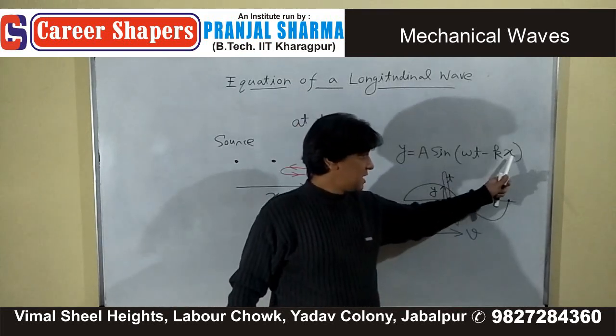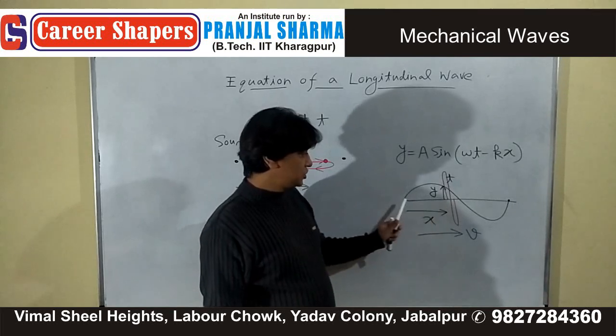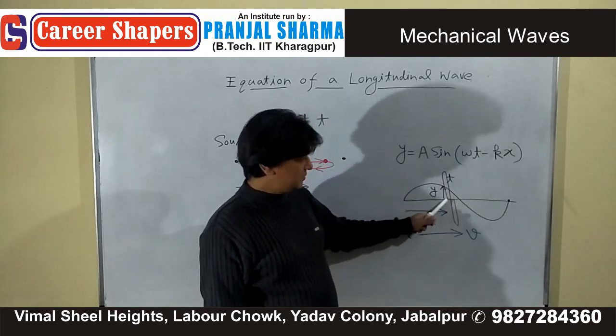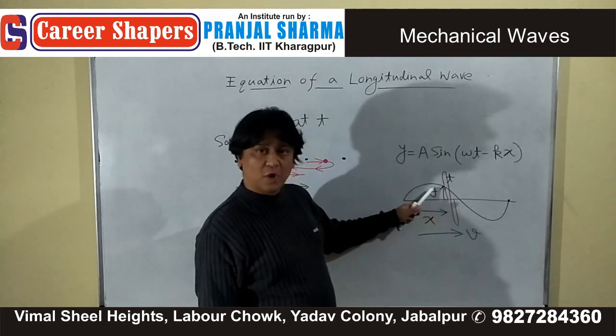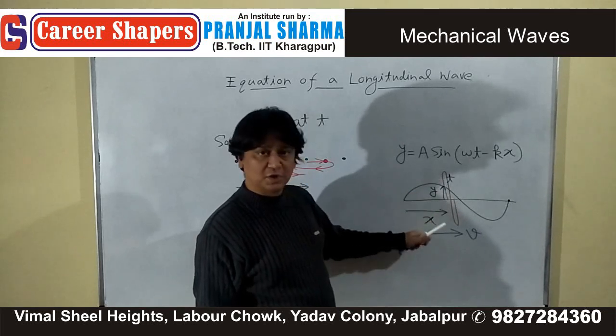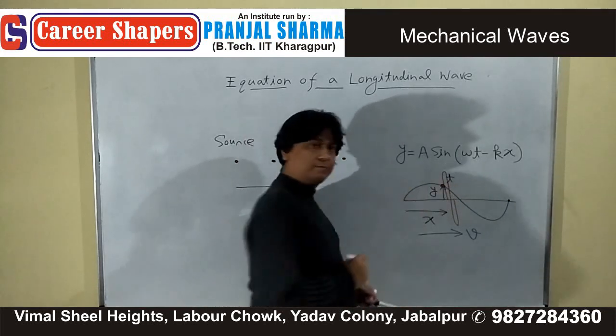Remember, x was the mean position of a particle at a distance of x from the source. What is y? Transverse displacement from the mean position. At some time t, this particle is found over here.